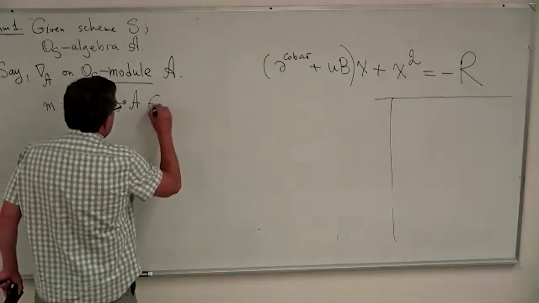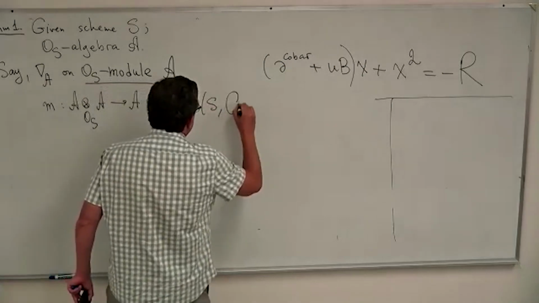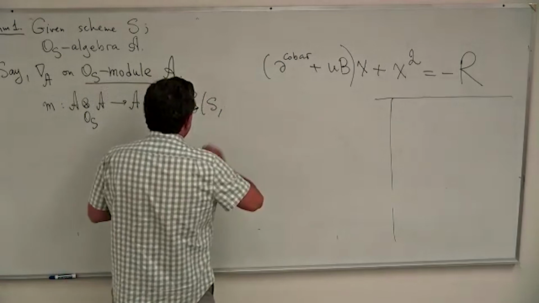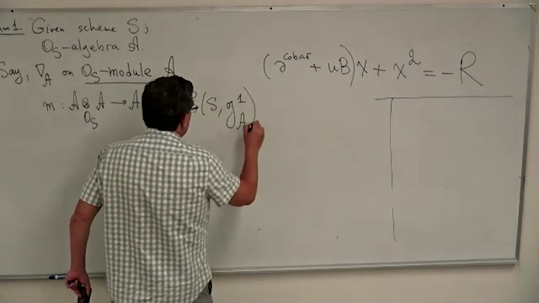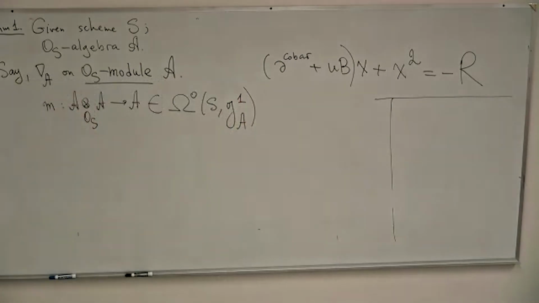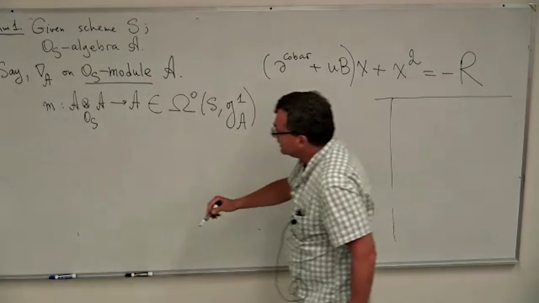So it lies in Hochschild 2, or maybe you have a family of algebras, therefore a family of Hochschild complexes of Lie algebras. So you have an element like this.